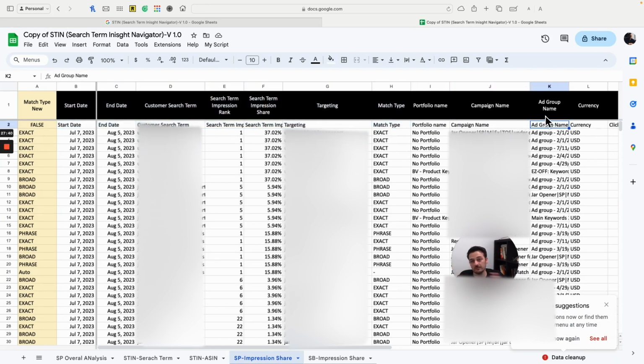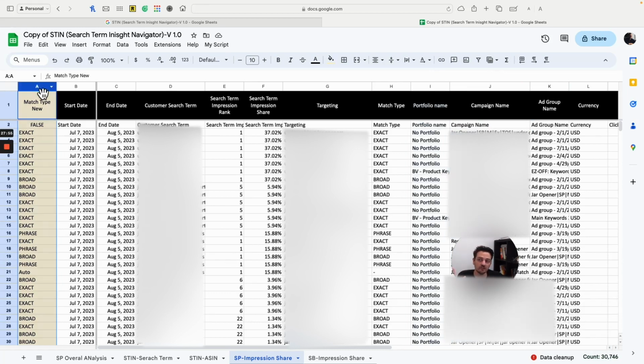Because this is how I am getting data. If you see something is not aligning, you have to adjust your report to make sure the columns are aligning. Your campaign names are in this column. Your portfolio names are in this column. This is a function, which is why I have put that in yellow. Don't do anything when you import from here.